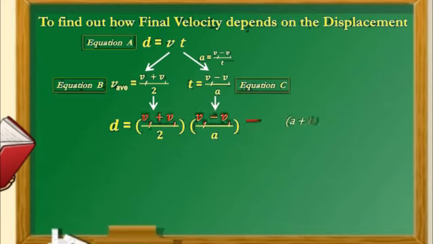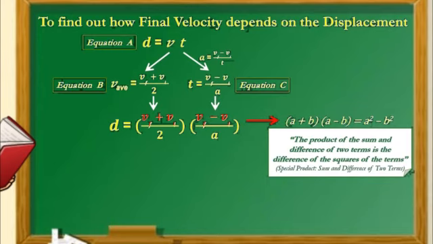Recall from your algebra class about special products that the product of the sum and difference of two terms is the difference of the squares of the terms. So, d is equal to v sub f squared minus v sub i squared divided by 2a.